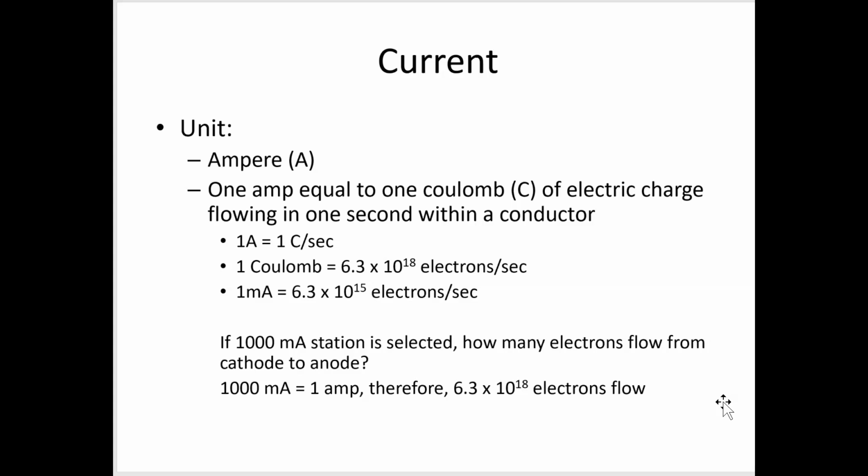And there's a little problem down here asking you, if you choose the 1000 mA station, how many electrons will flow from cathode to anode. And you have to remember that 1000 milliamperes is equal to 1 amp. Therefore, there would be 6.3 times 10 to the 18th electrons flowing through the tube per second.